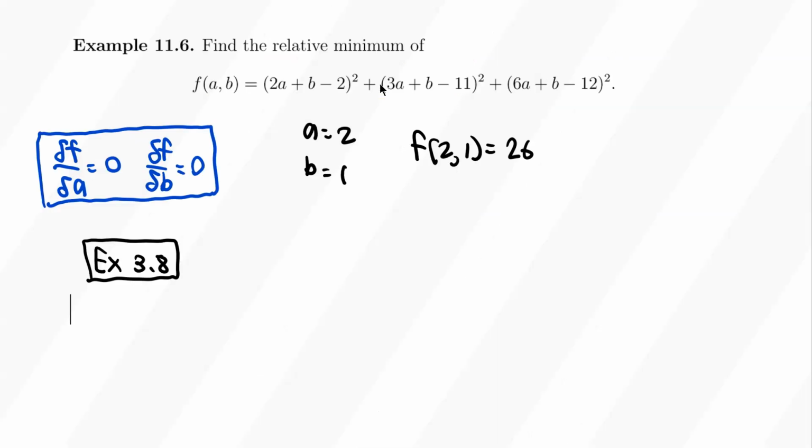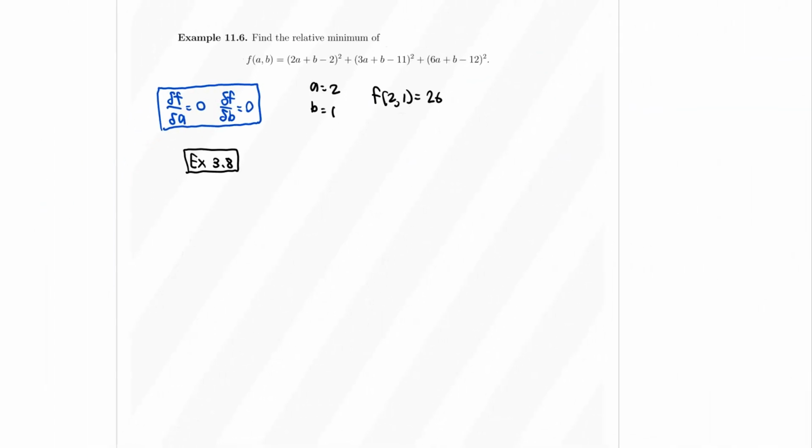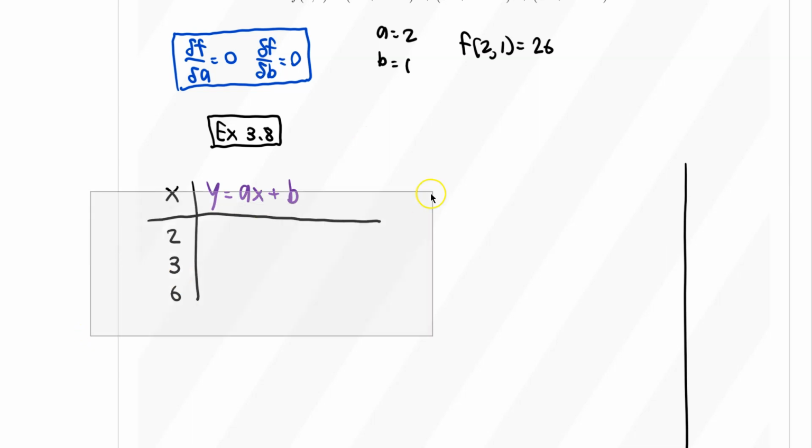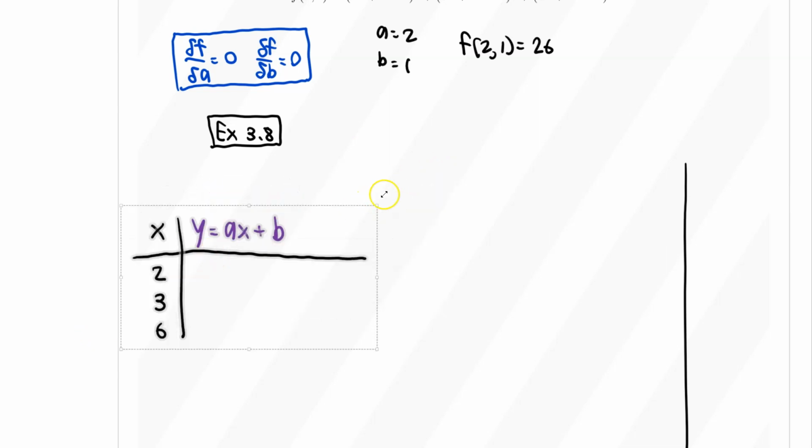There are two ways that we can do this, so let me actually draw this here. I know that the values of x are going to be 2, 3, and 6. Now, if the equation that we have is y equal to ax plus b, this is going to be my prediction, where a and b are the variables here.